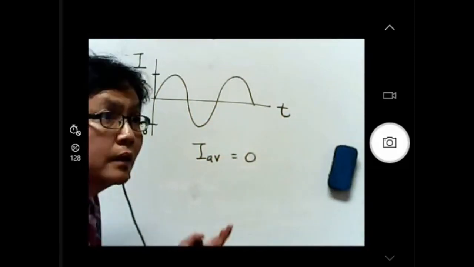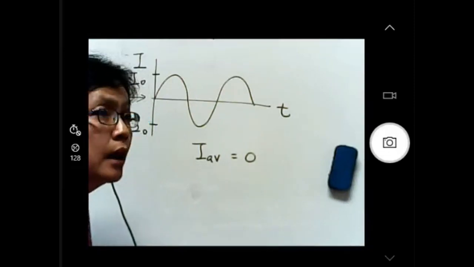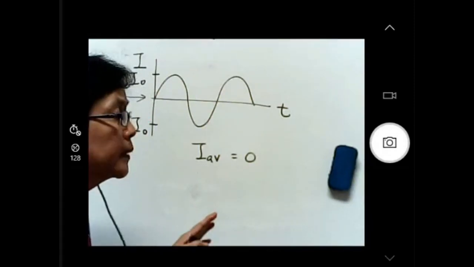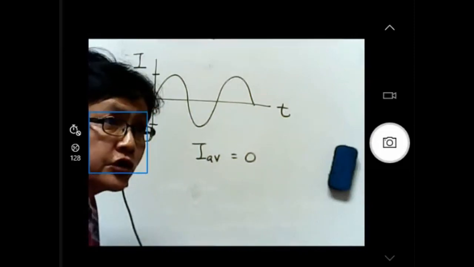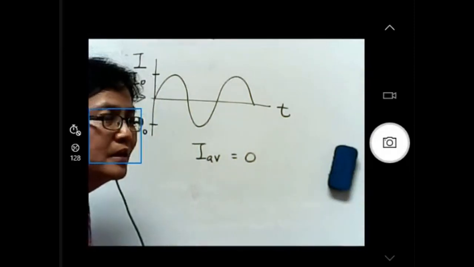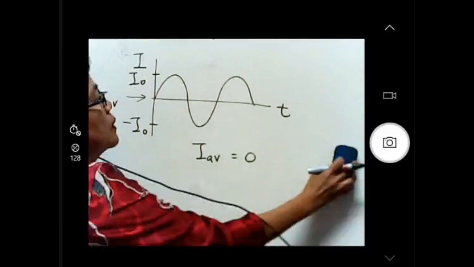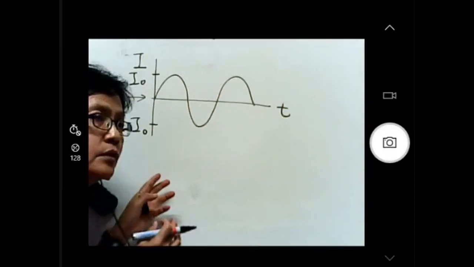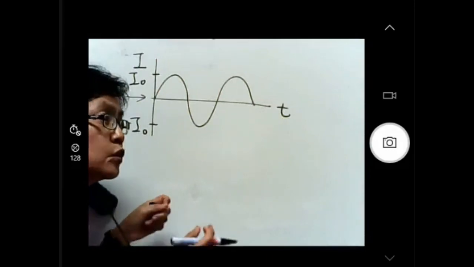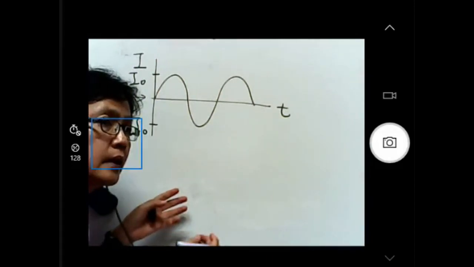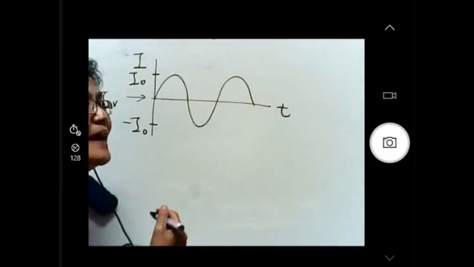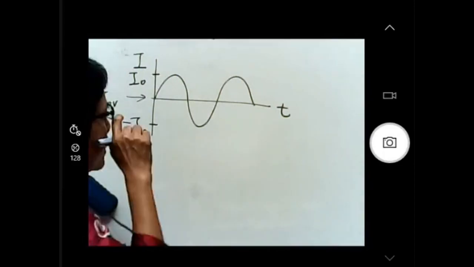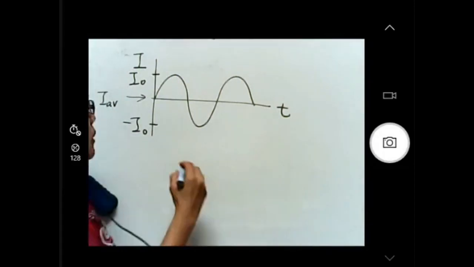Meaning we did not receive any current when we use an alternating current source. That shouldn't be right. So we cannot use this value as our effective current, because it's not logical. So we are going to square our equation.